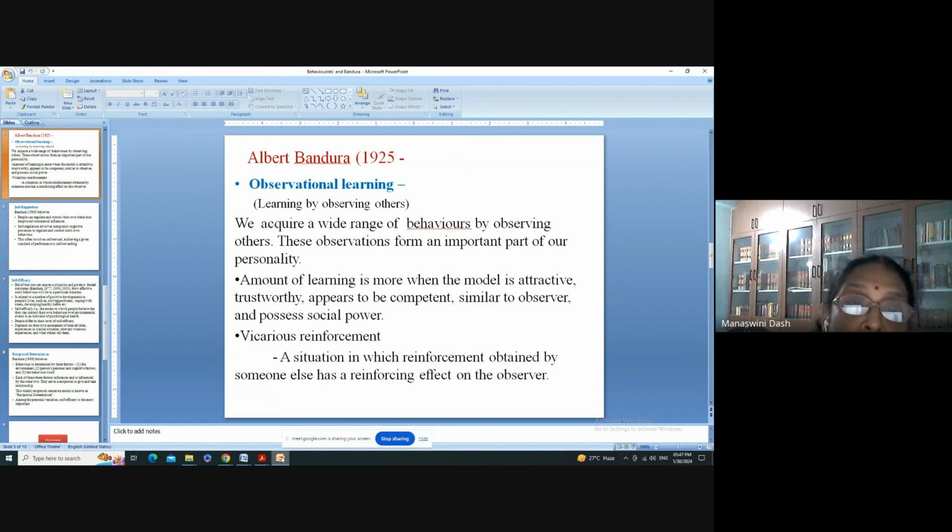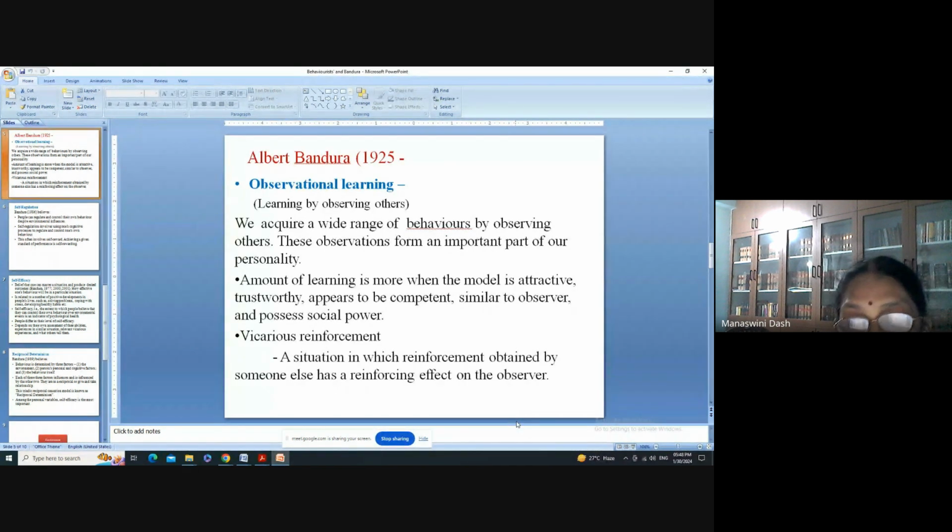Another concept in observational learning is vicarious reinforcement. Vicarious reinforcement is a situation in which reinforcement obtained by someone else has a reinforcing effect on the observer.